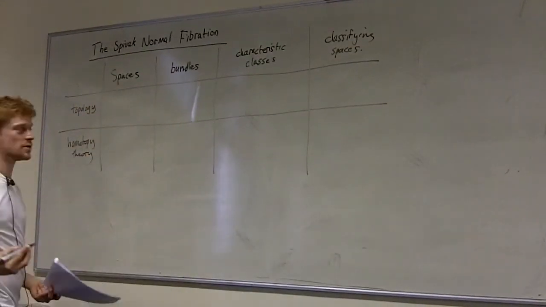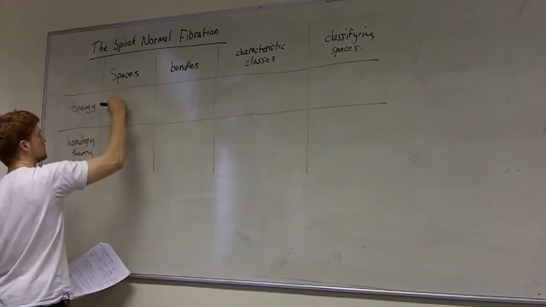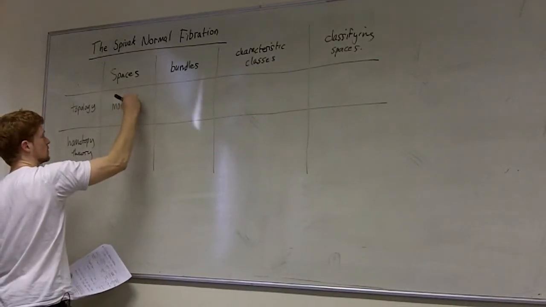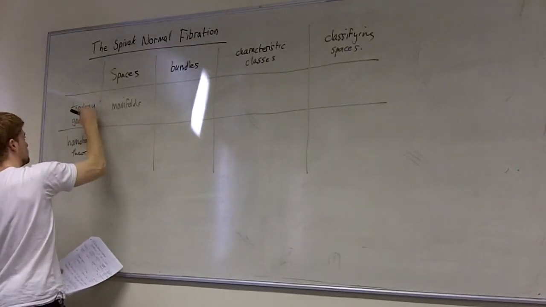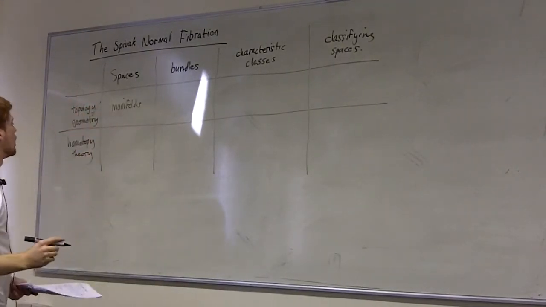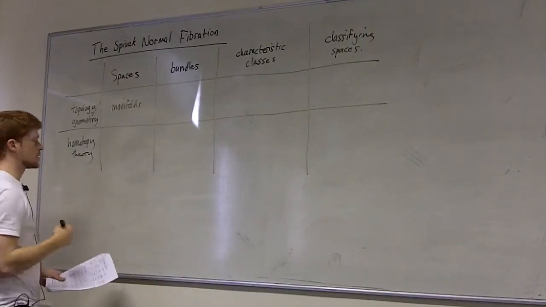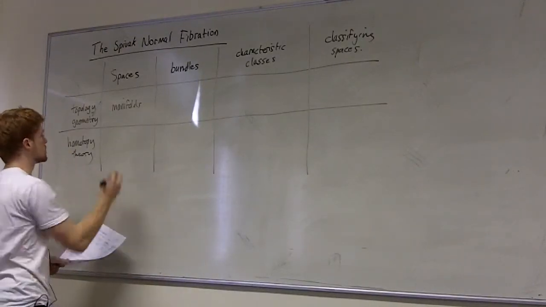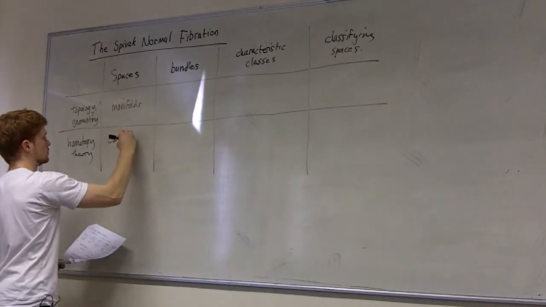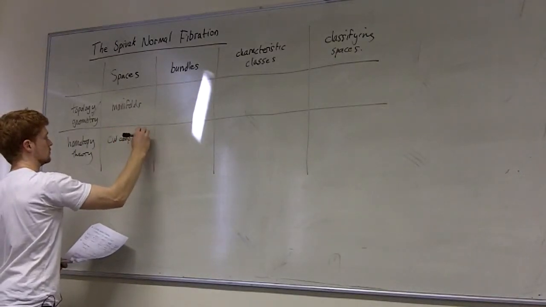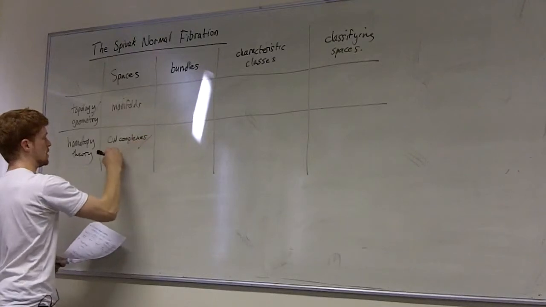Okay, so our spaces in topology are manifolds, so let's have slash geometry. And our spaces in this homotopy theoretic version we're trying to produce are going to be CW complexes, so slash P spaces.